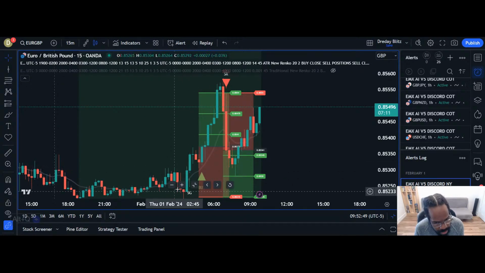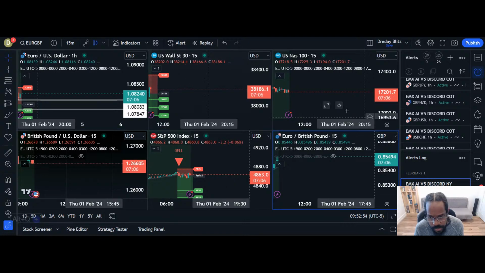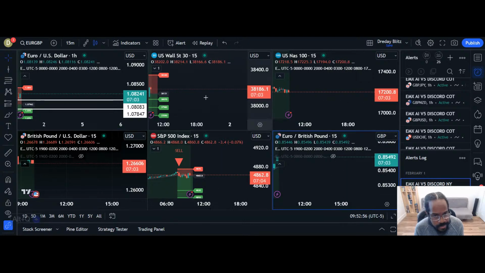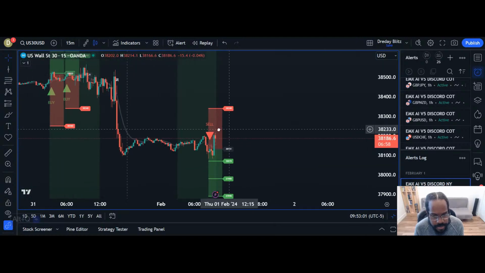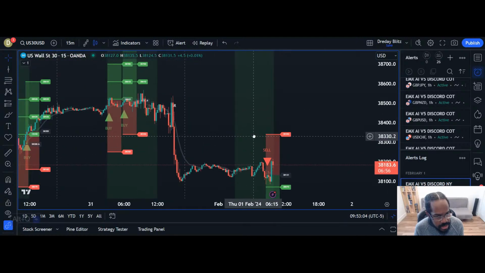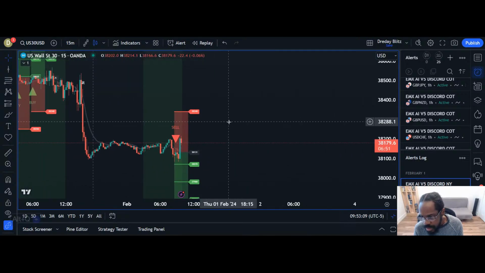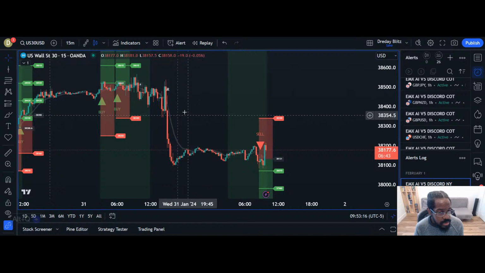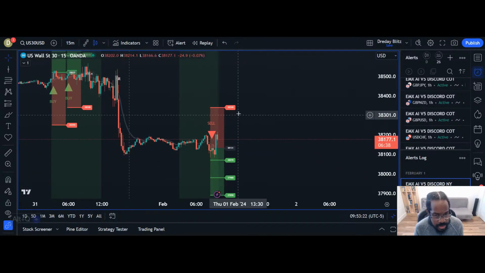So far we don't have any setup at New York, beside the US 30 that seems to be going bullish here off of the alert that we just received, expecting to have that gap to be filled and then start to continue going down.